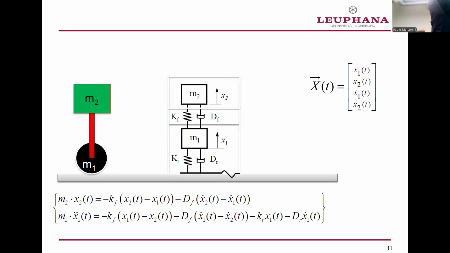We can understand already from this picture how a pneumatic component can be represented by this spring and damping factors.